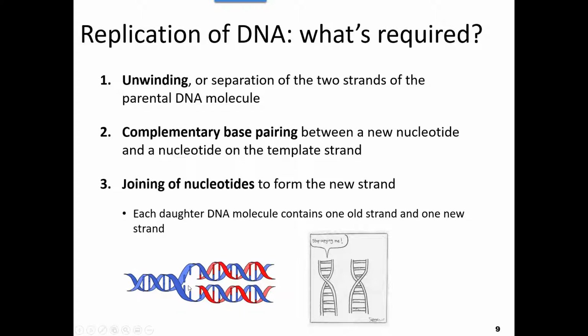If there was a G on an original strand, you would have to bring in a C, because C's and G's pair together. And then we have to join those nucleotides back together with hydrogen bonds so that in the end, we have two DNA molecules, and each one has an old original strand and a new strand.